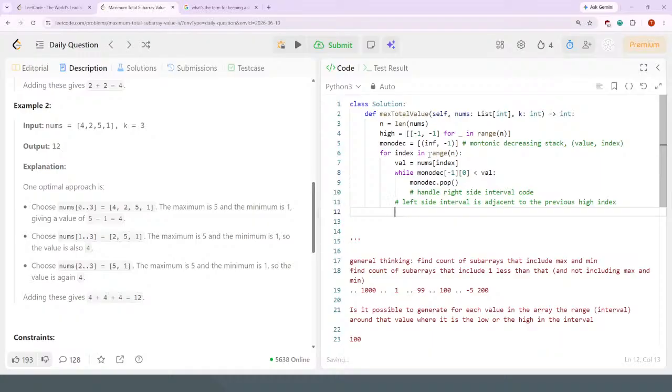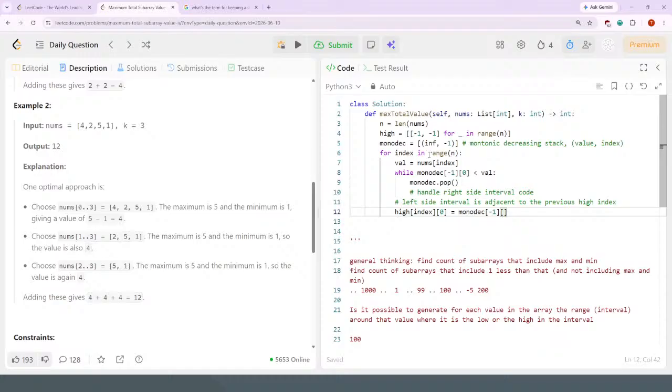So I think high at this index, the left side is going to be equal to the monodec's last position.